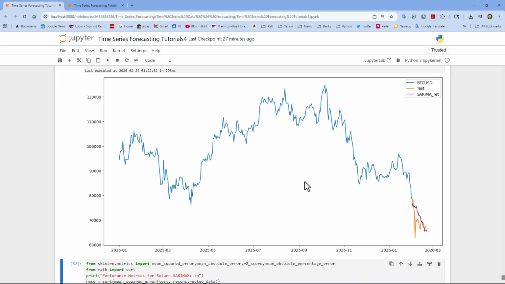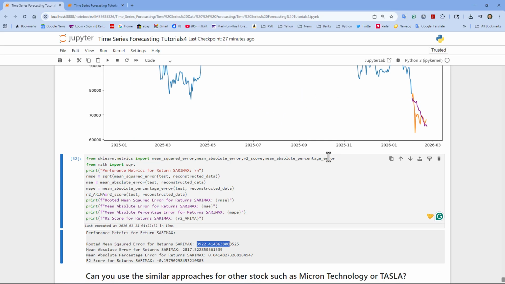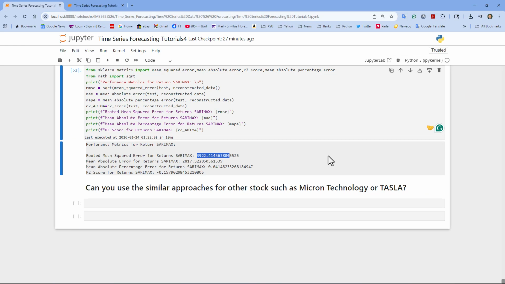My question for you is, can we use a similar approach for other stocks, like more stable company stock data, such as Micron Technology or Tesla, and do they actually give you a good forecast?